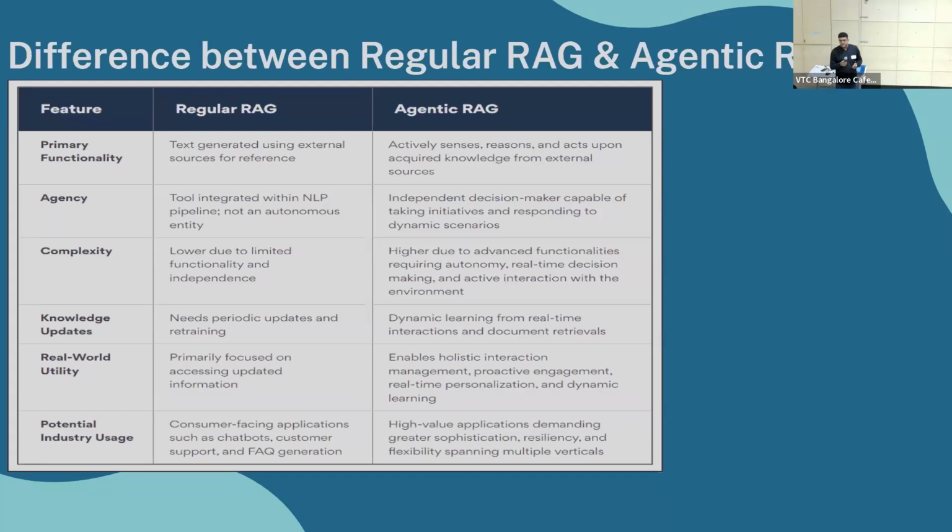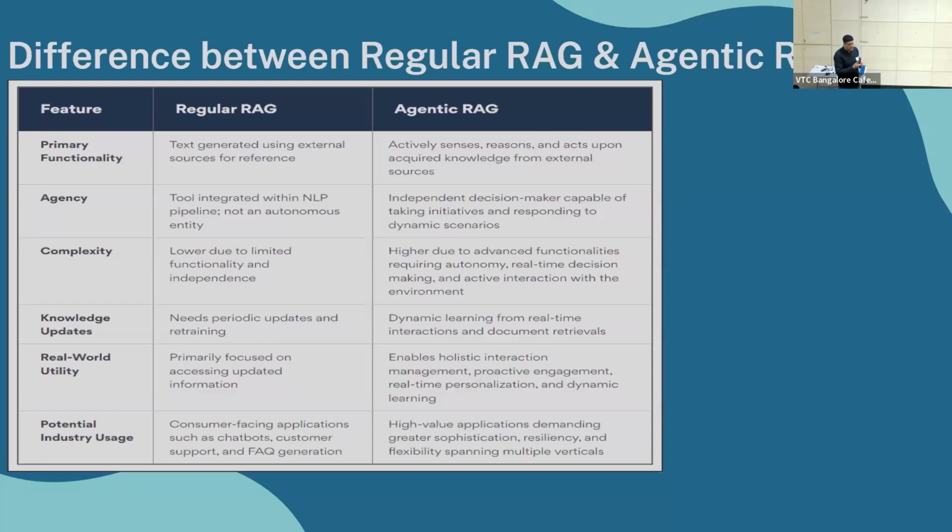One of the questions we have been asked is, when do we decide that for a given use case we have to use AgenticRAG? Is there any threshold, or on what criteria do we decide it? I will say it depends on the use case. If I'm working on a use case which is just extracting data from unstructured documents, I will probably go for a traditional RAG.